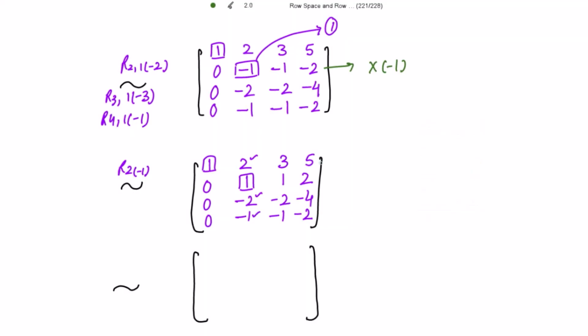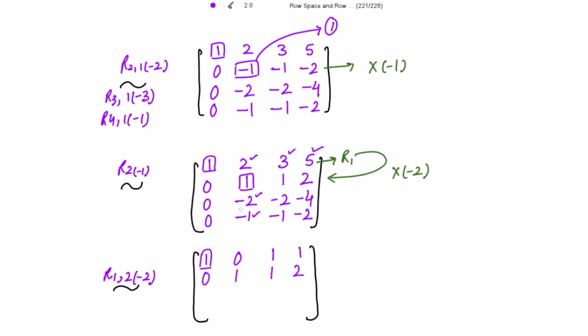So row 1 needs to be changed by adding to it row 2 multiplied by -2. 0 times -2 is 0, adding this to 1 we get 1, no change. 1 times -2 is -2, adding this to 2 we get 0. 1 times -2 is -2, adding this to 3 we get 1. 2 times -2 is -4, adding this to 5 we get 1. Writing the second row as it is.